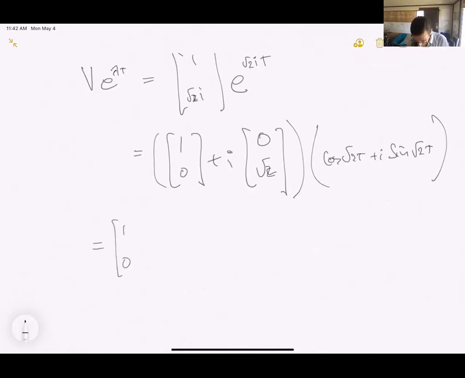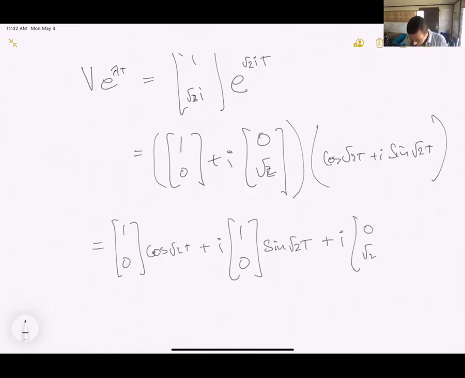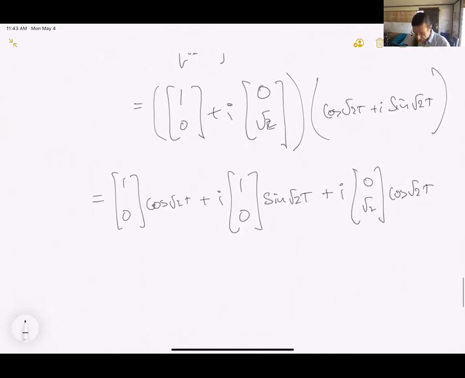So we get (1, 0) cosine root 2t. The outside term is i times (1, 0) sine of root 2t. The inside term is i times (0, root 2) cosine of root 2t. And the last term, i times i is a minus 1, so minus (0, root 2) sine root 2t.